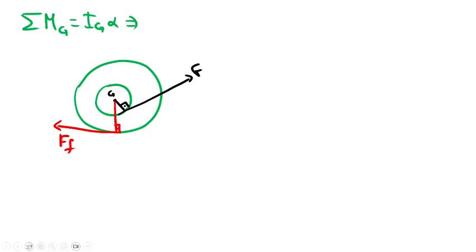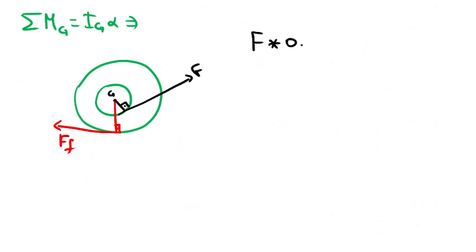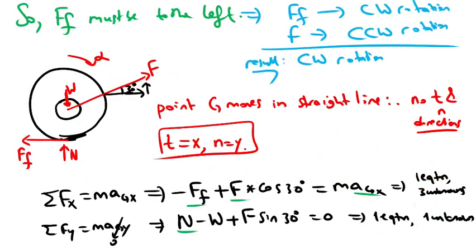F times the arm of F, which is the radius, 0.3. The arm of F_f is the second radius, which is 0.5.